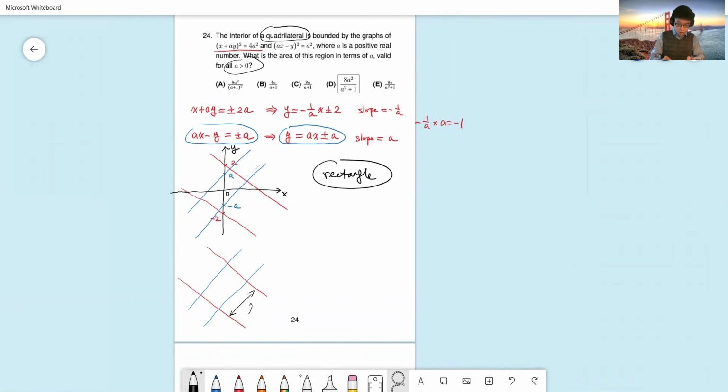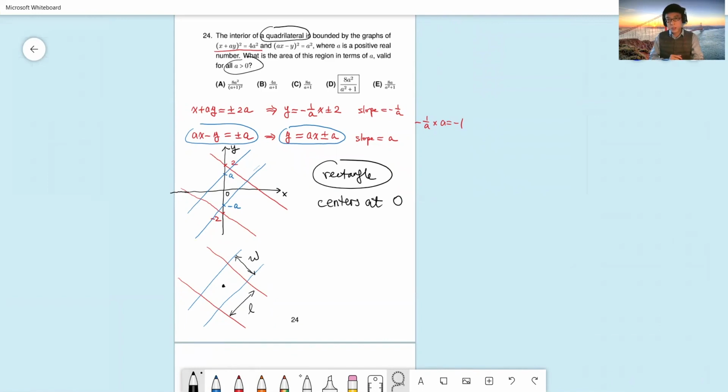Okay, here's the length. Suppose this is the width. And we notice that because it's very symmetric, the center of the rectangle is the origin. This is the center at O.